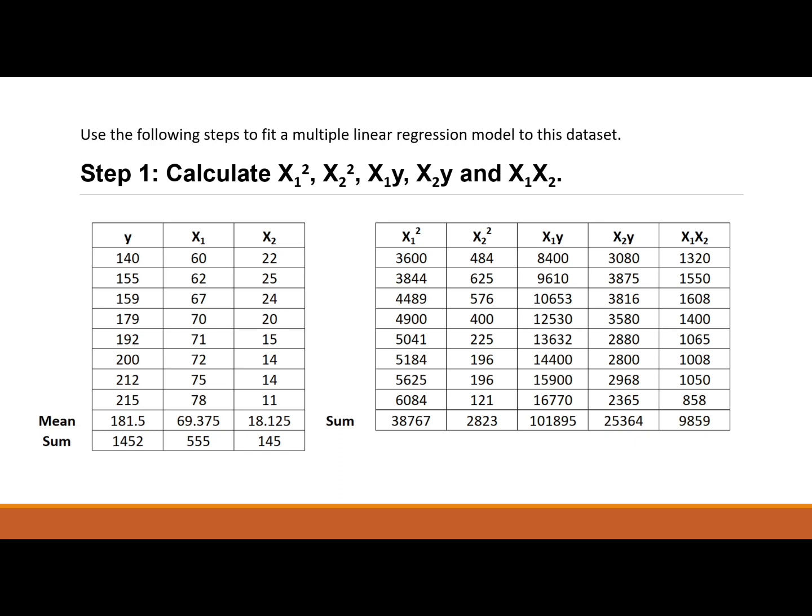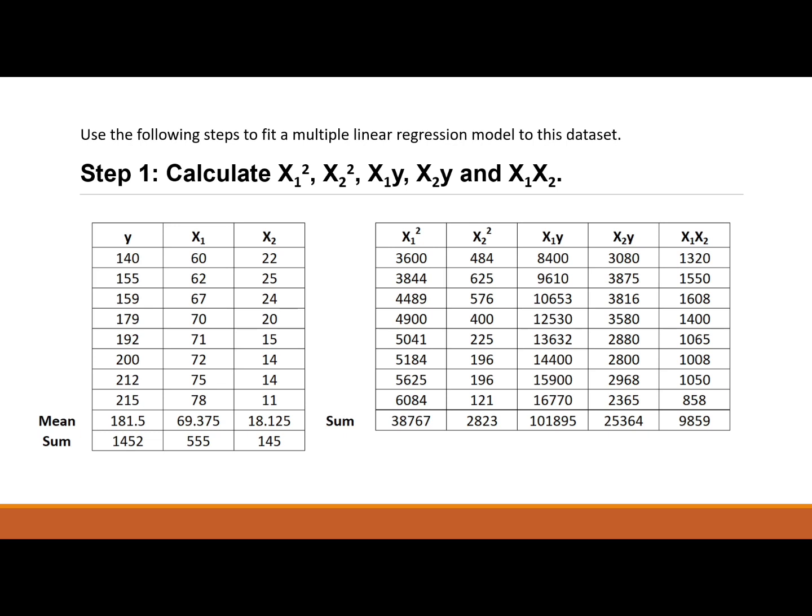So here in our given example, y is our dependent variable, and x1 and x2 are our independent variables. So first we have to sum up or add the values, then get the mean.